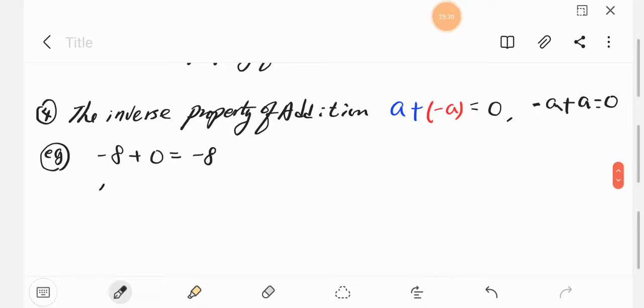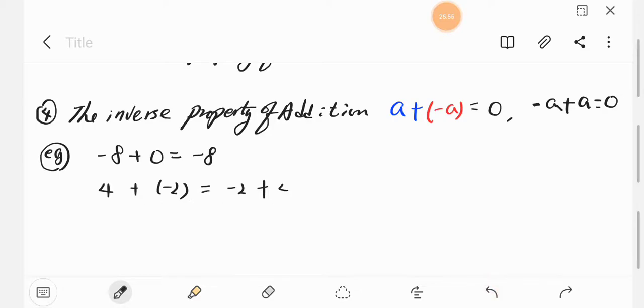Okay, how about this? 4 plus negative 2. Then can we switch these two? So negative 2 plus 4. The result is 2, right? But we are just defining the property. So what's the property for this one?